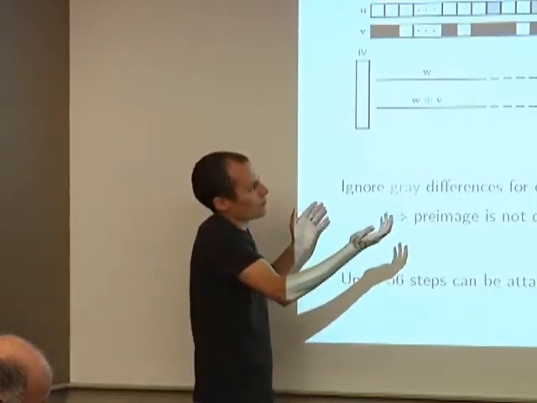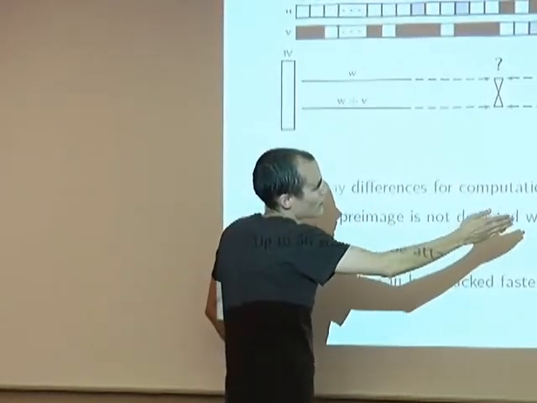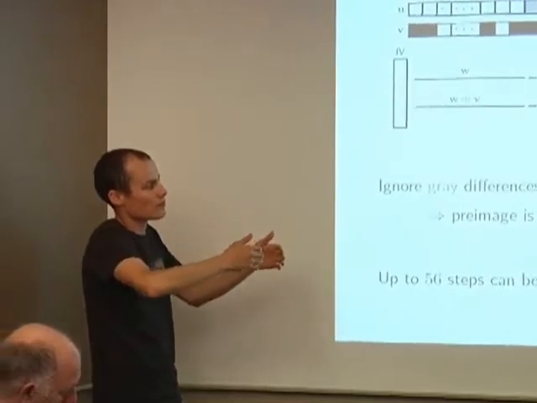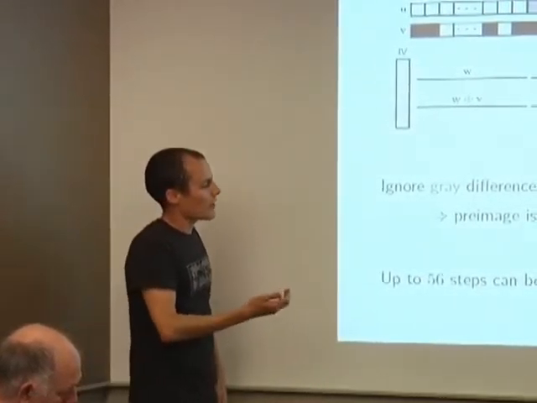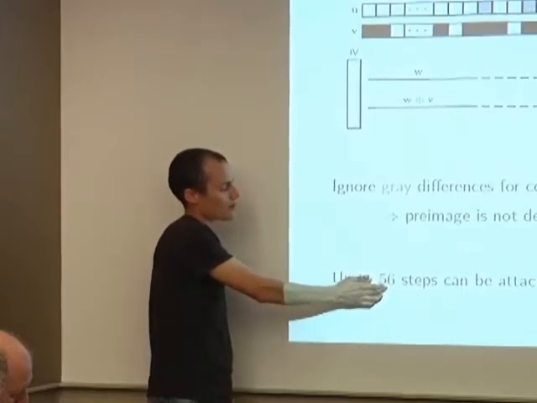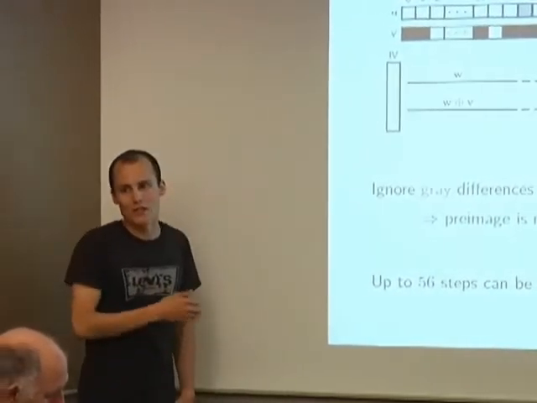But as an advantage, we can attack many more steps, and when we compute this number of preimages that we have to test, we end up with attacks that are faster than accelerated search up to 56 steps, like this.